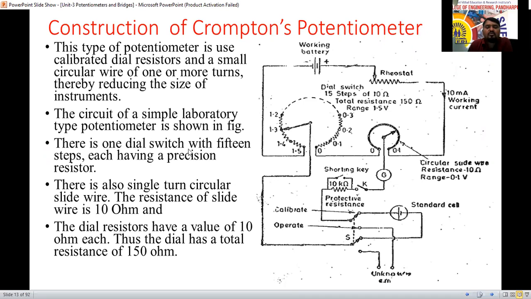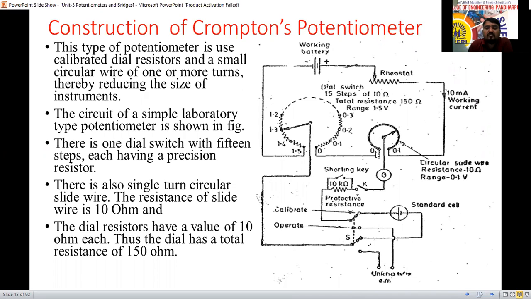There is one dial switch with 15 steps, each step having a precision resistor of 10 ohm. There is a large single turn circular slide wire here. The resistance of the slide wire, this total resistance, is 10 ohm.